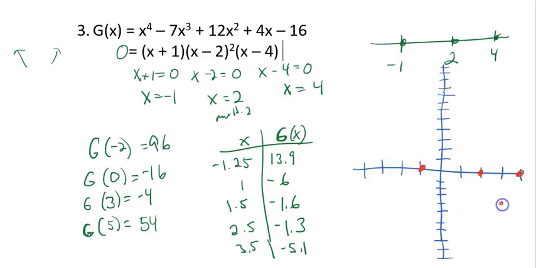So about right here, and 5.54 would be again off my page, so negative 1.25, 13.9, maybe somewhere up in here, and then 1, negative 6 right here, and 2.5 and negative 1.3, and 3.5 and negative 5.1.